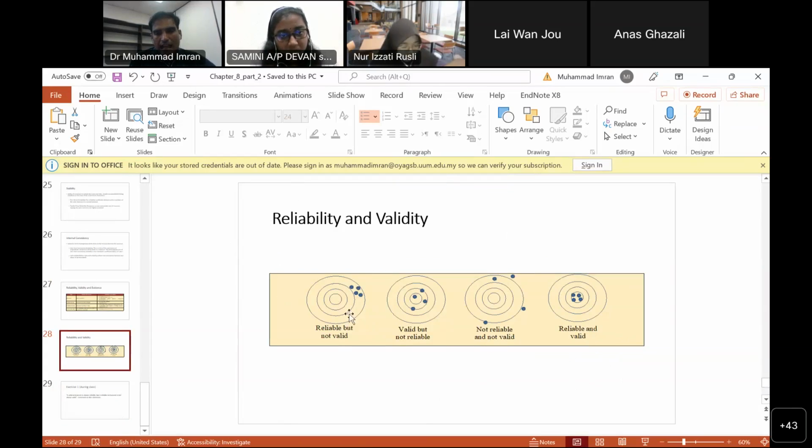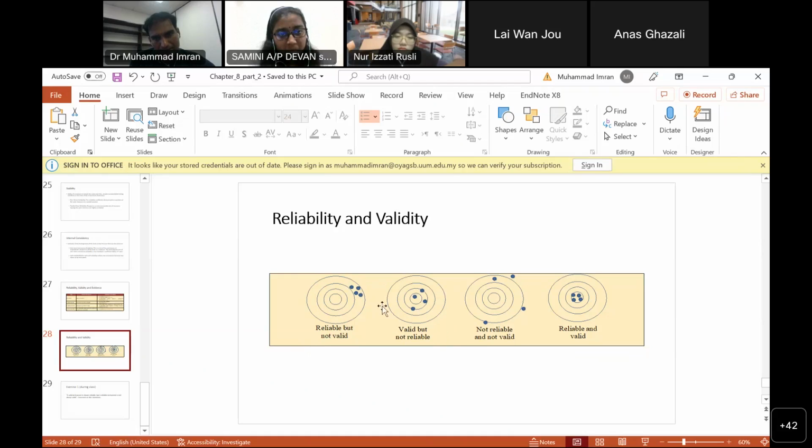Listen. See, this is the circle. The ball should not go beyond this circle. If we have balls inside the circle, together, we can say this is reliable but not valid. See here, 1, 2, 3, 4, together. Reliable, right? Okay, valid but not reliable.